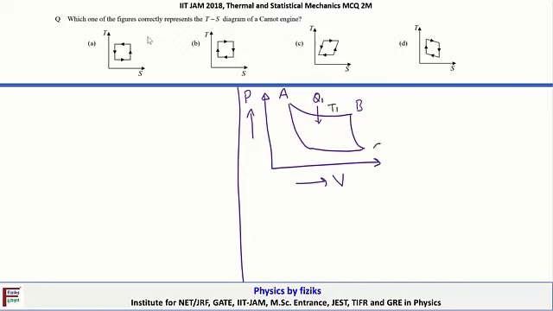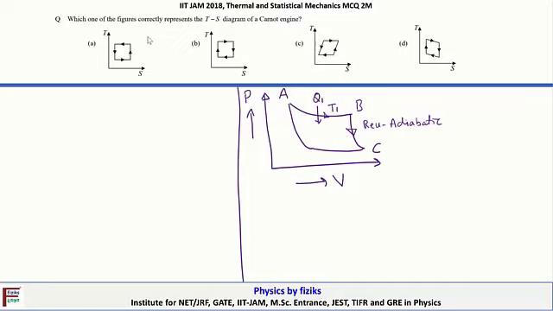Process B to C is a reversible adiabatic process. In fact all these processes are reversible in nature. Because process B to C is adiabatic, it's an expansion, so there is no energy exchange between the system and the surroundings.